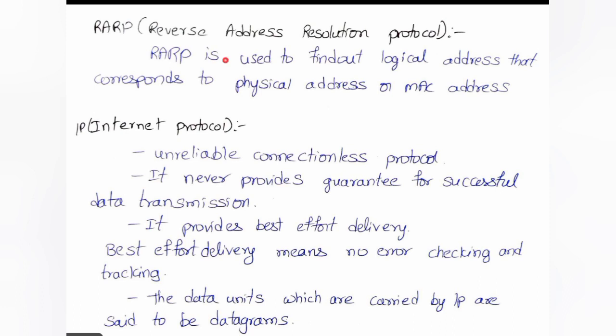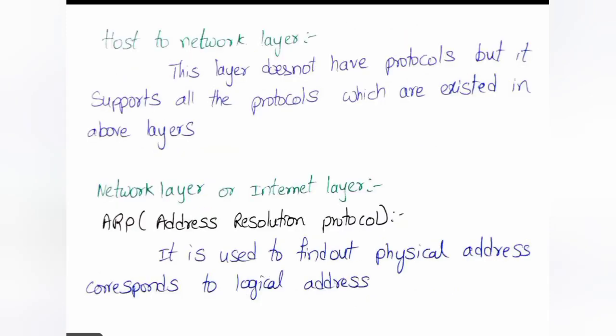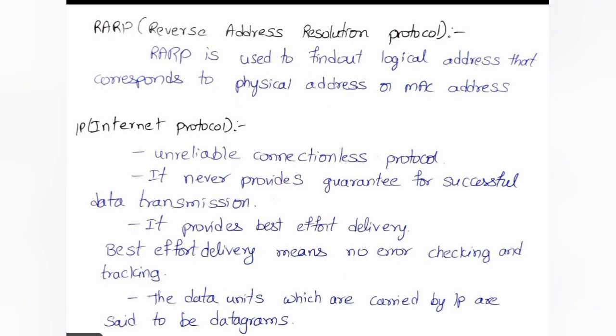Using this protocol, the system can obtain its own IP address by using its own MAC address. But in the case of ARP, the node uses the protocol to find the physical address of another host in the local area network.